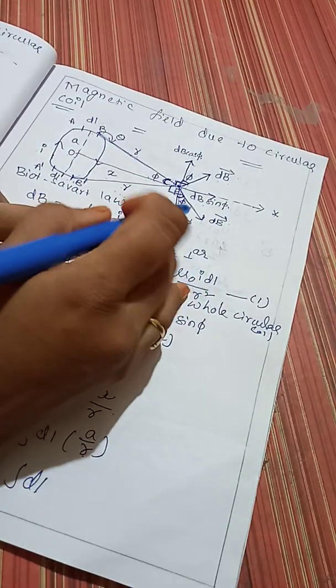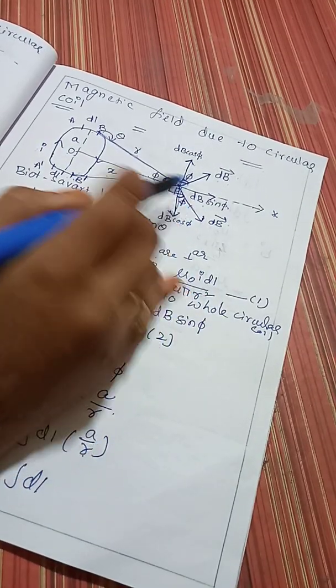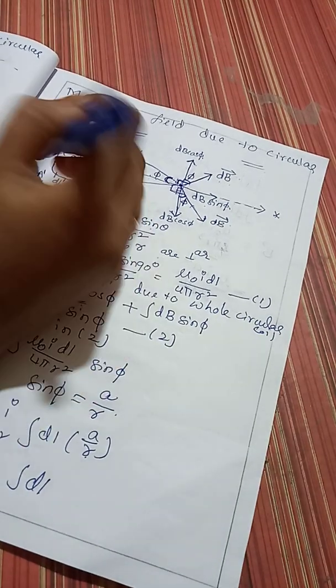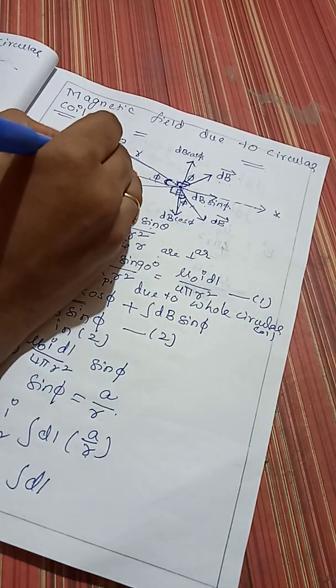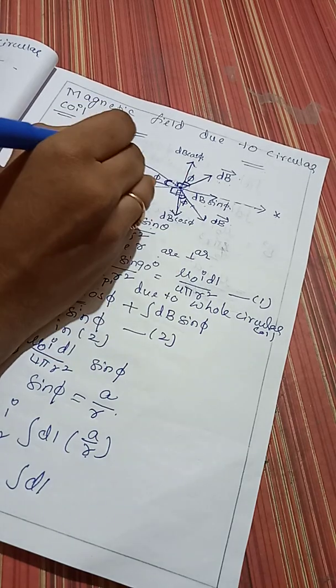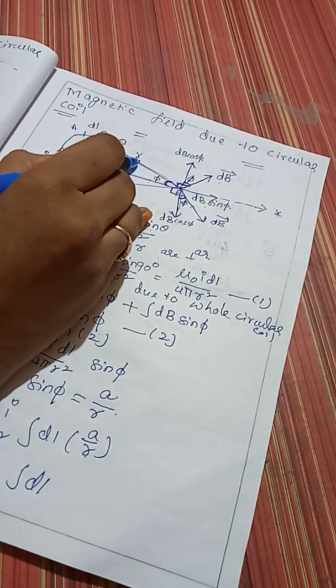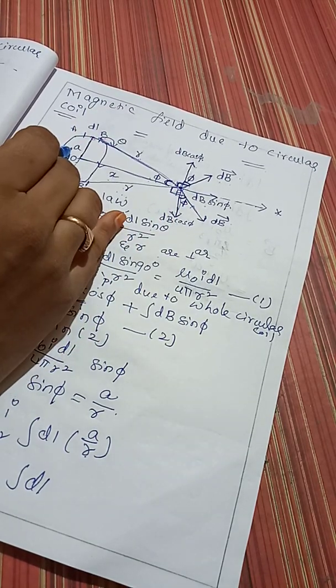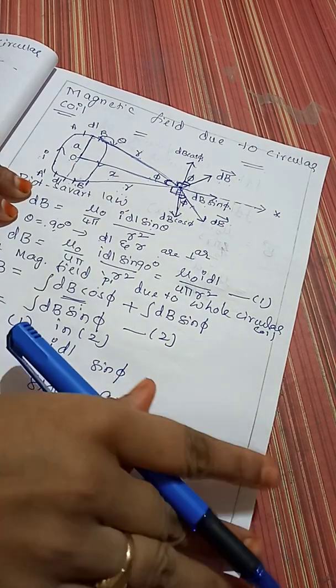Now let us take a look at the diagram. We want the value of r square. If we consider this triangle, what will r square be? x square plus a square.